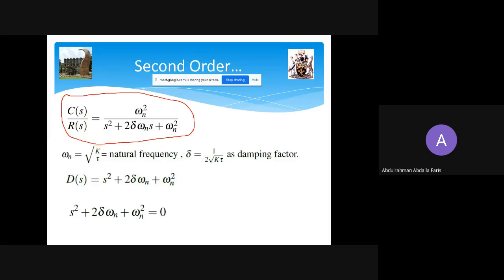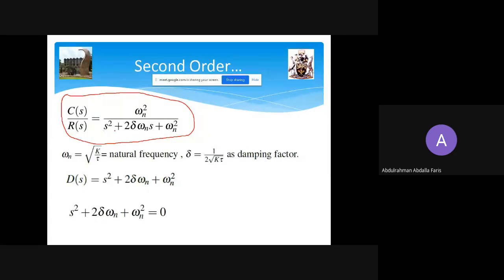So this is natural frequency squared, and this is also natural frequency squared. Any second order system you can compare with this general one, with a numerator of omega n squared and a denominator that is a quadratic characterized by delta and natural frequency.